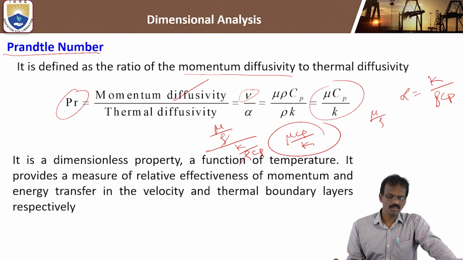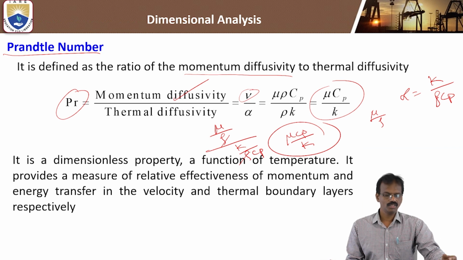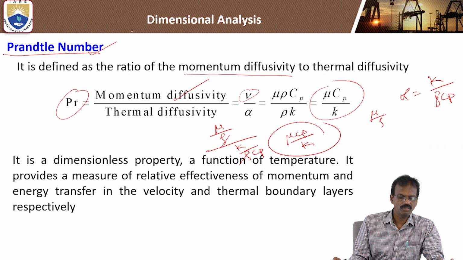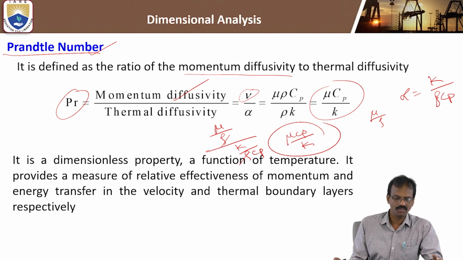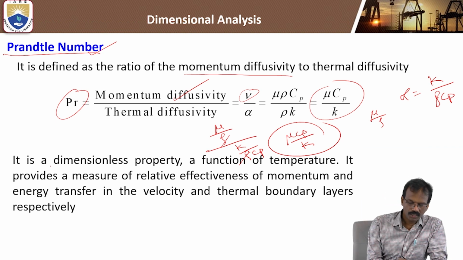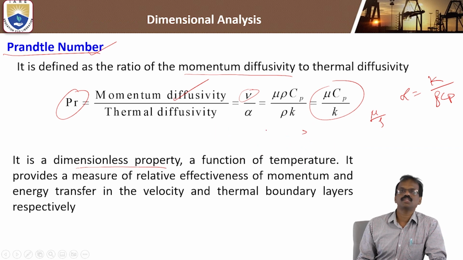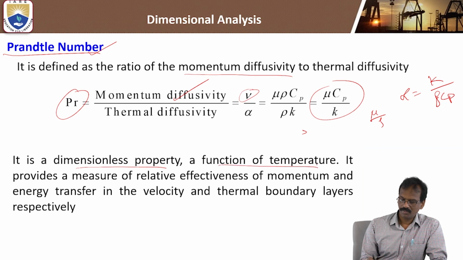So this is a dimensionless number, because these parameters, when combined, don't have dimensions, so it is a dimensionless property. The Prandtl number is a dimensionless property, a function of temperature.